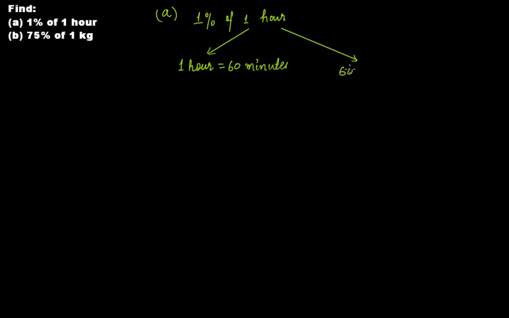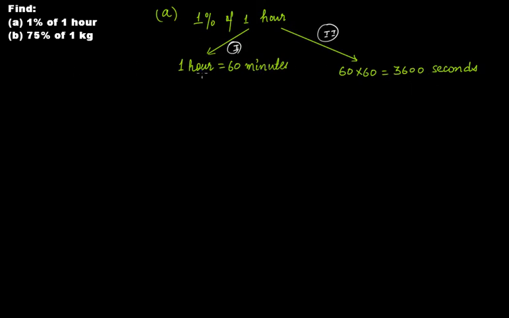So 60 minutes will have 60 times 60, that is 3600 seconds. Right? So the first approach is to convert this hour into minutes, and the second approach is to convert this hour into seconds.